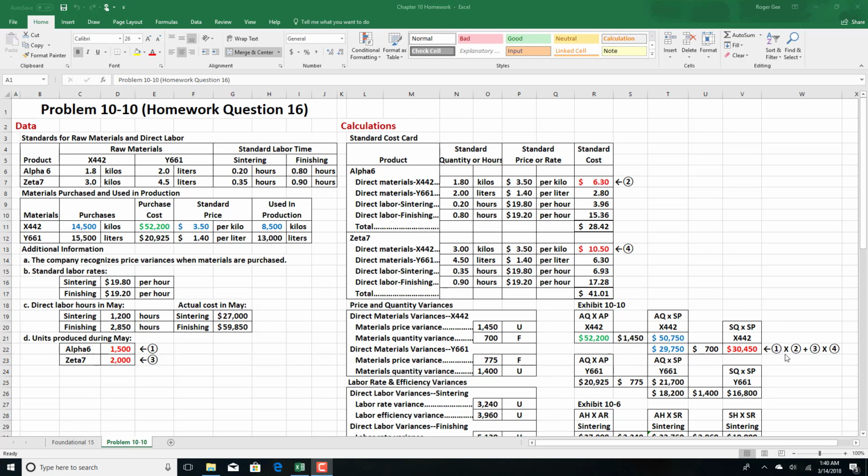So we're multiplying these two together plus these two together to get this number. And so we find out that the materials quantity variance is 700. That's where we get these two numbers, and you notice these are all positive. Don't use any negative numbers here, and I hope this is of help to you.